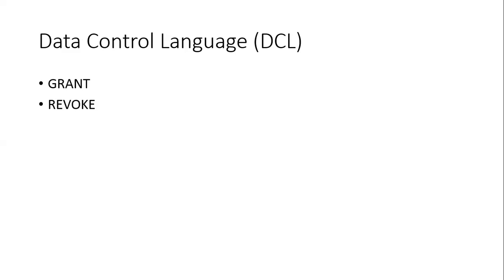The administrator can use the grant command to determine who can see the content of the table, who can alter the table, who can drop it, who can update it and all that. So grant is used to give permission to users regarding what they are allowed to do on a database or on an object.